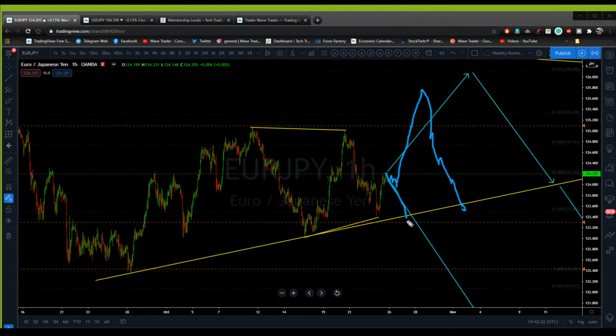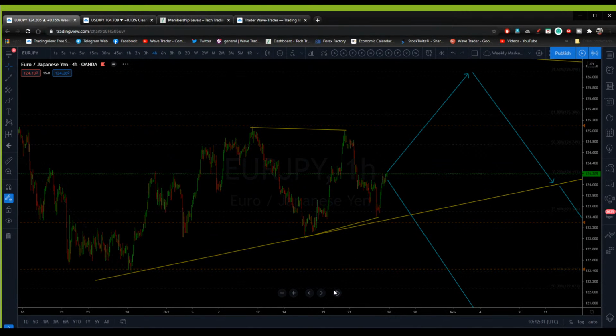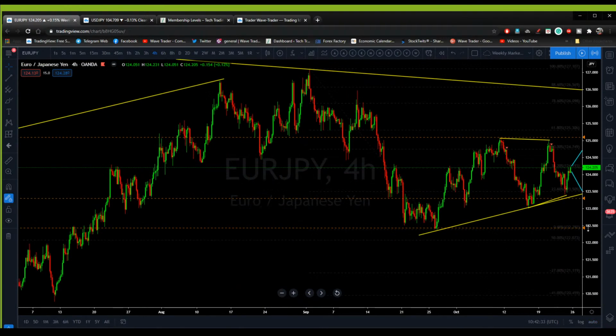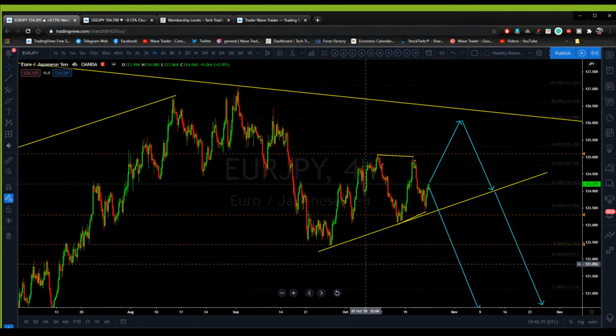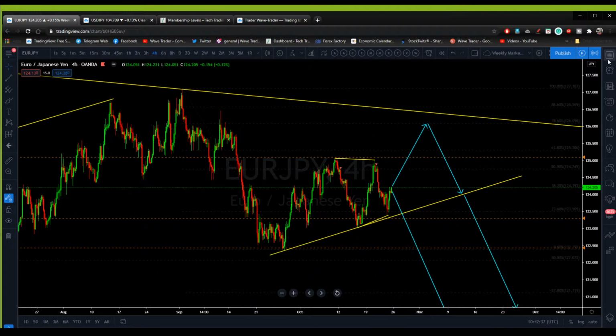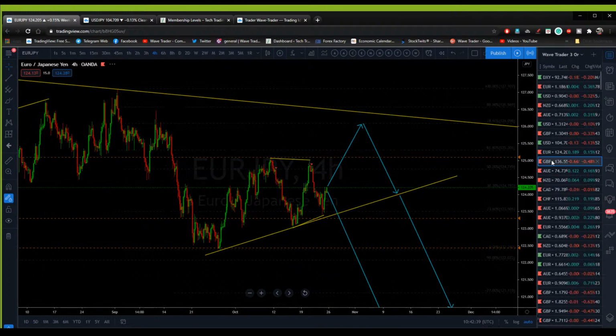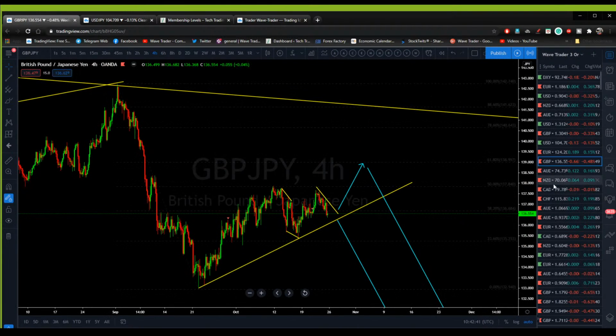This trade is not the best opportunity at the moment, but it can continue to go lower. So it's a kind of neutral analysis on the euro yen chart and the chief yen chart. We are looking to first go lower rather than going higher.